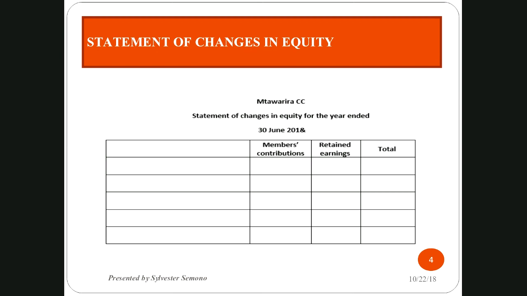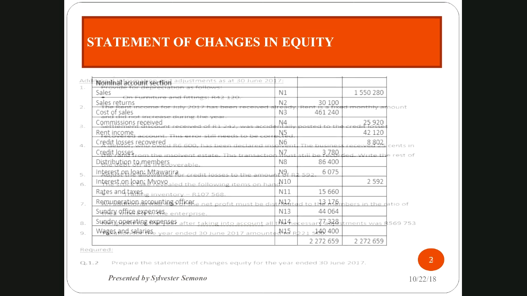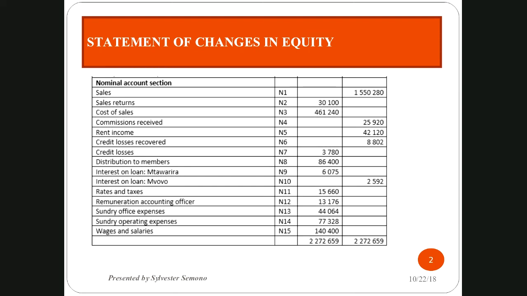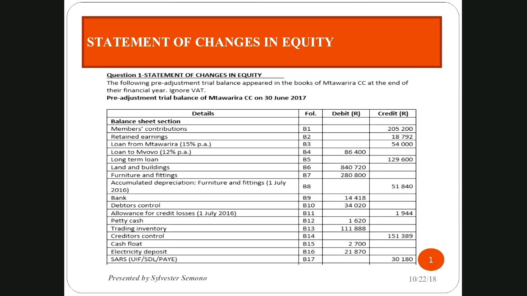Okay, guys, I think we can continue now. Before we come back to the members' contributions and the retained earnings, I want us to go back and check the information. Remember, this will be all about the members' contribution and the retained earnings. Can you see here we have the members' contribution under balance?